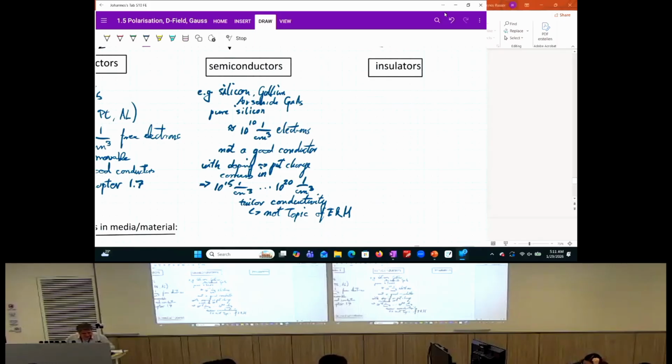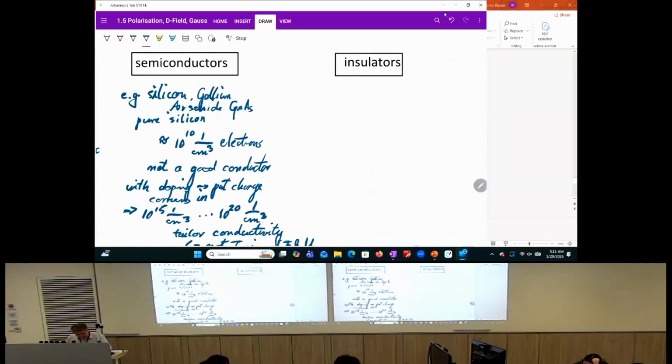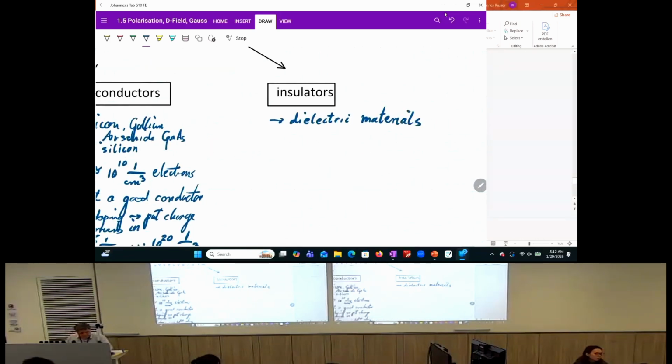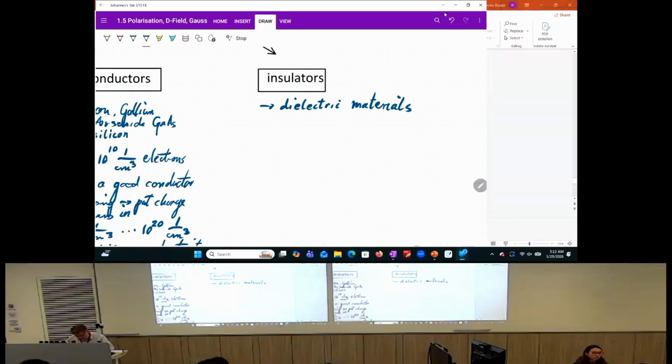And then you have the insulator, and these are the dielectric materials. This is what we are interested in now. So they have no or almost no free carriers, no free electrons. For any material, of course, you always have electrons.